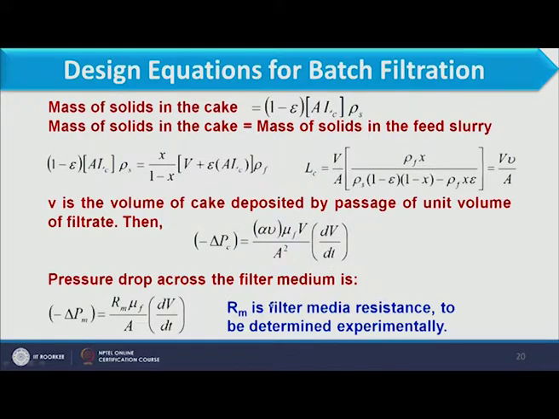Further, we can define the pressure drop across the filter media, that is minus delta Pm equal to Rm mu F by A. So you see here we have replaced all the alpha V by A with Rm, that is the total resistance offered by the media, and mu F into dV by dt. So based on this expression we can calculate the pressure drop in the media.